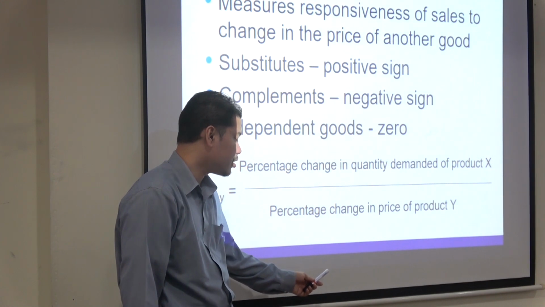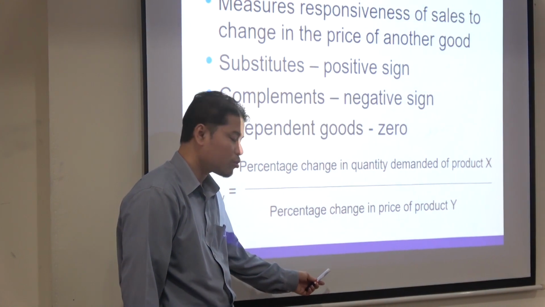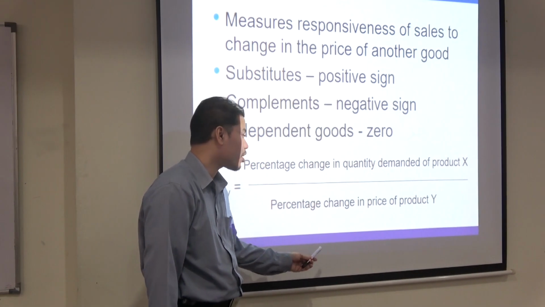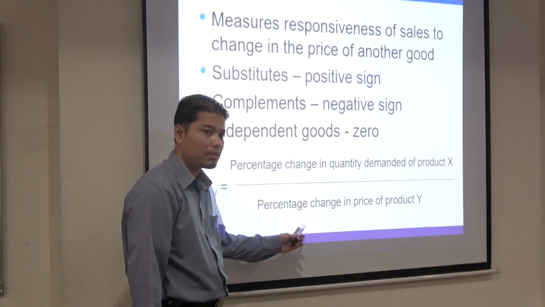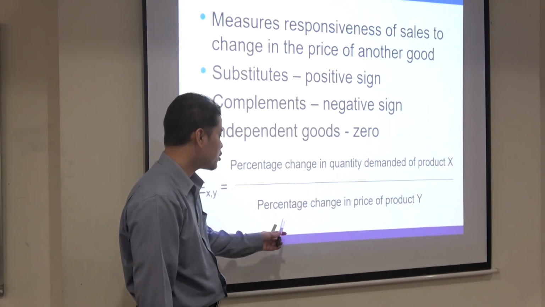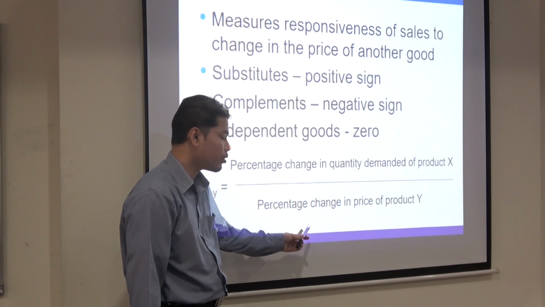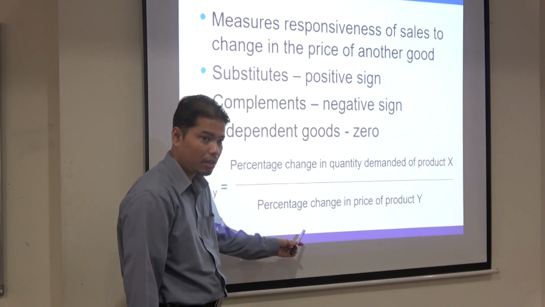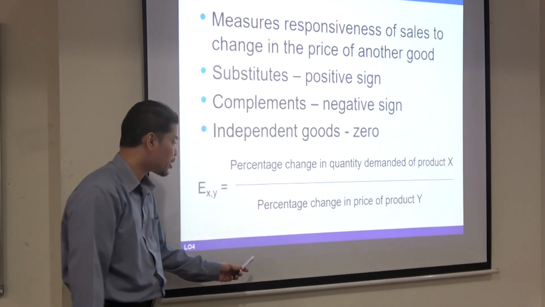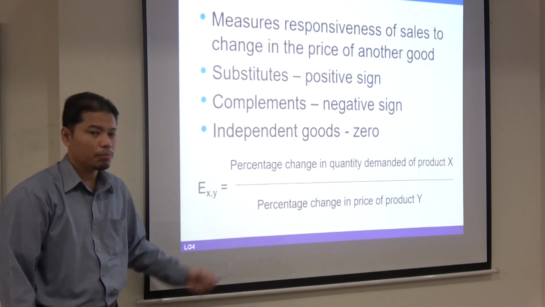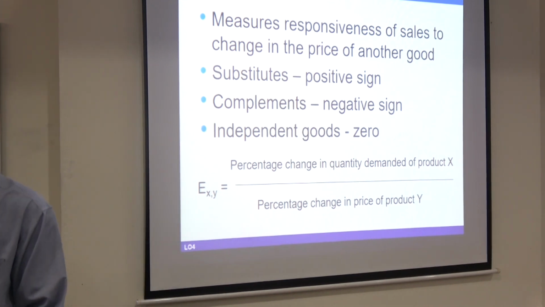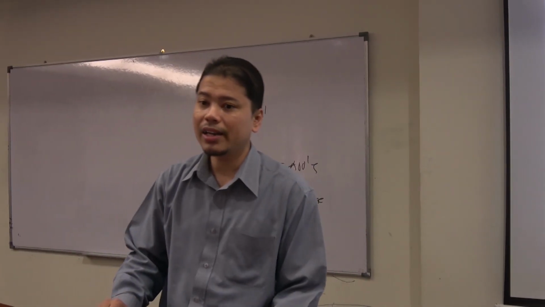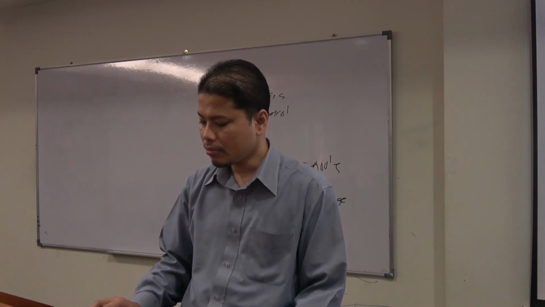There will be some changes in the price of bananas, but they will not have any effect on the quantity of cars. So the percentage change in the quantity of cars, QX, will remain the same, 0%. And therefore, the coefficient for the cross price elasticity of demand will also be 0 when the two products are independent products without any relationship.